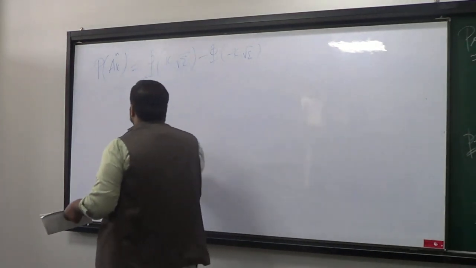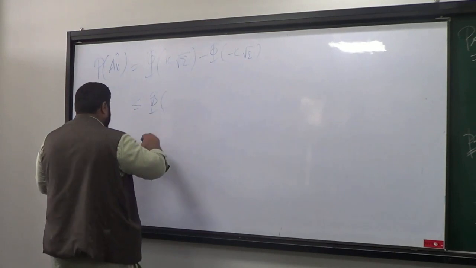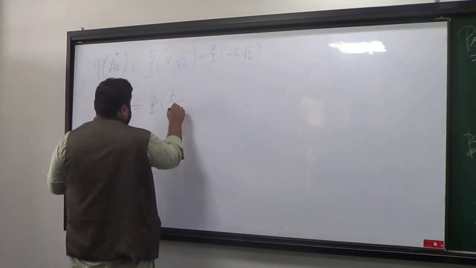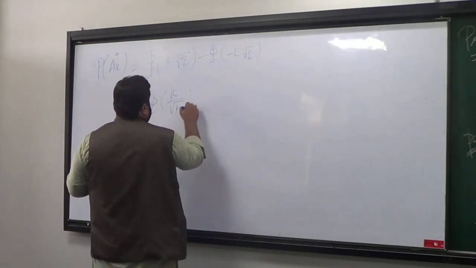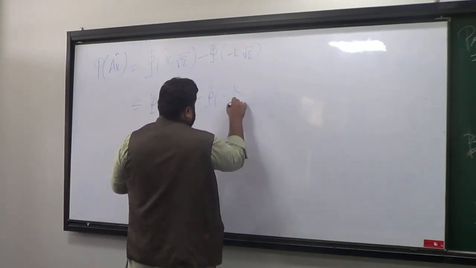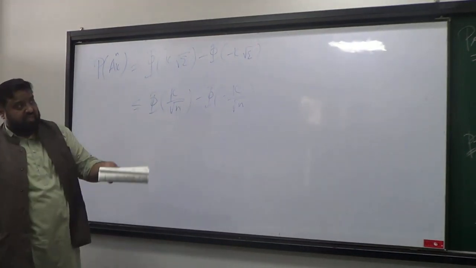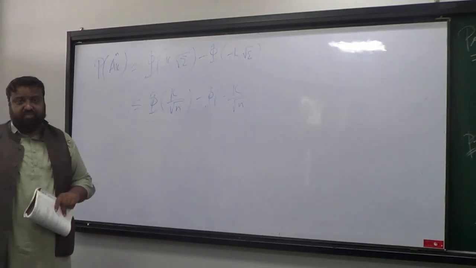So you can say that this is less than or equal to phi of k over square root of n minus phi of minus k over square root of n. It's square root of n because you know about the epsilon sum.